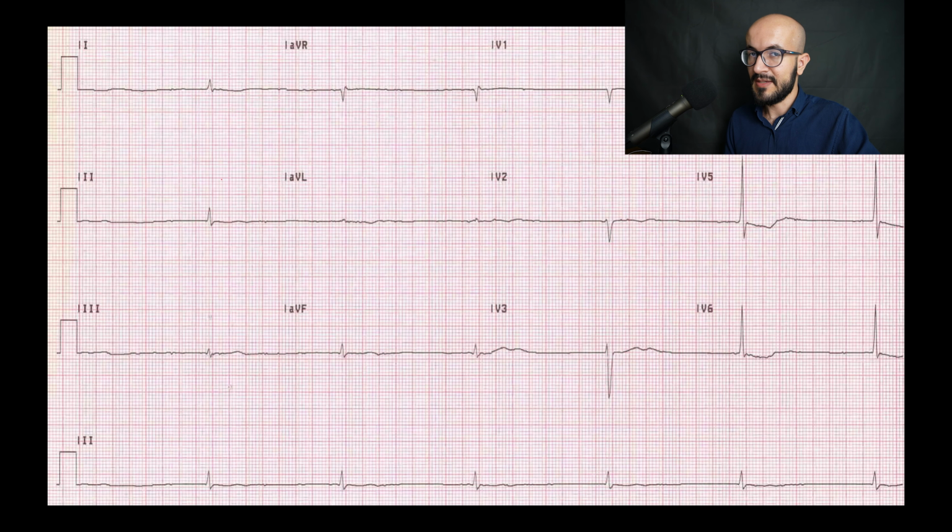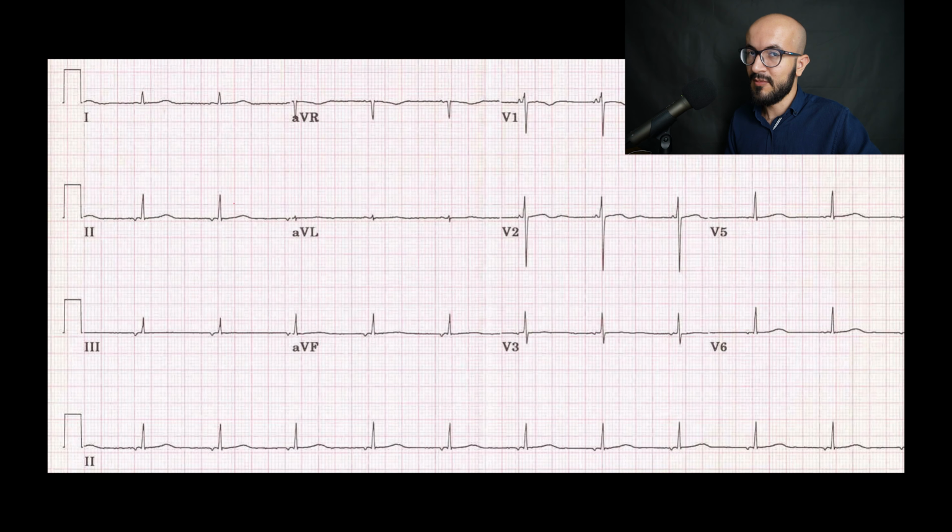Now here we have some examples of junctional rhythms. So in the first one, we have junctional bradycardia. So we can see that the QRS complex is normal and we don't have a P wave, and the rhythm is regular and the rate is around 37 beats per minute. So this is junctional bradycardia.